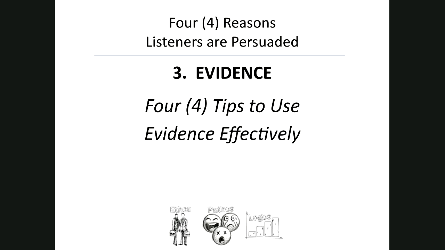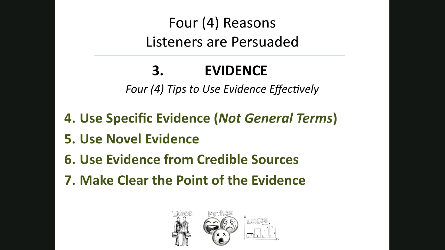Now, there are 4 tips that we use to use evidence effectively. Okay, so these numbers here on the side, once I load this in, for some reason it changes numbers randomly. So these numbers should be 1, 2, 3, 4.